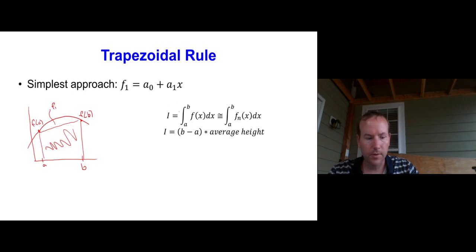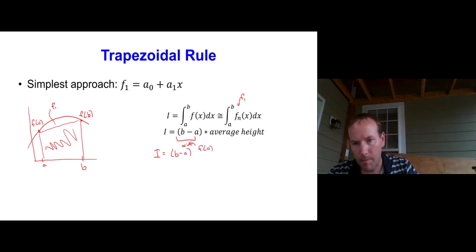And so if you look back to how we described this before, we said that our approximating function is this f1, a0 plus a1x, and the integral is the width times the average height, where the average height is given by f of a plus f of b, over 2.